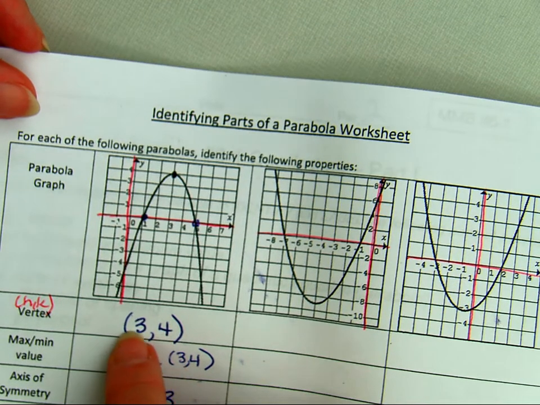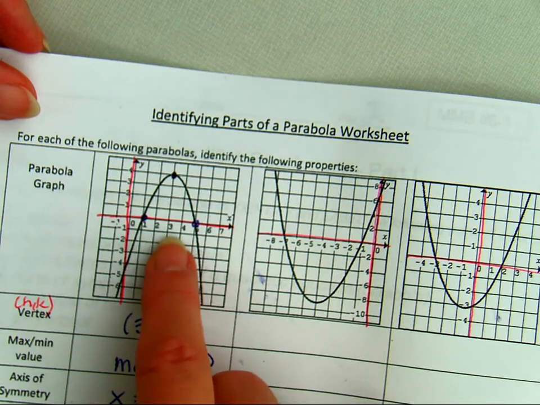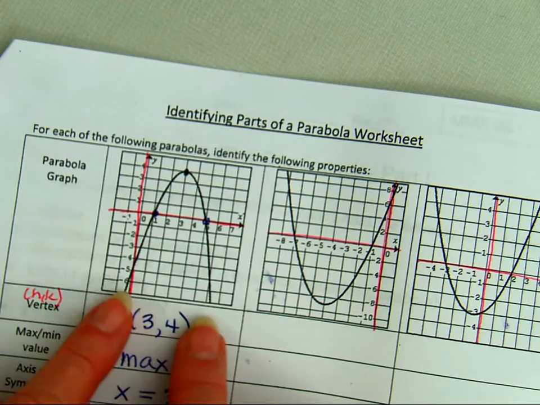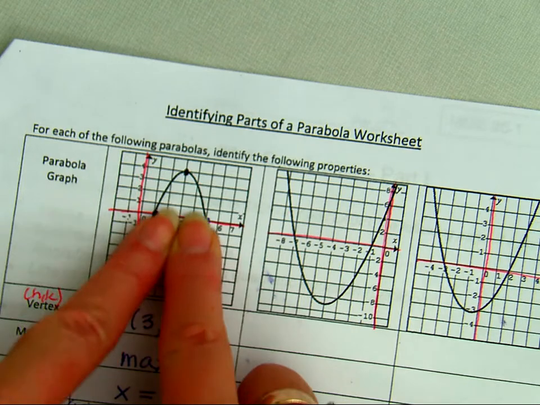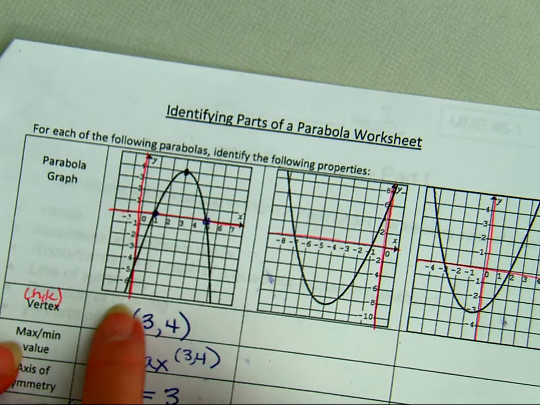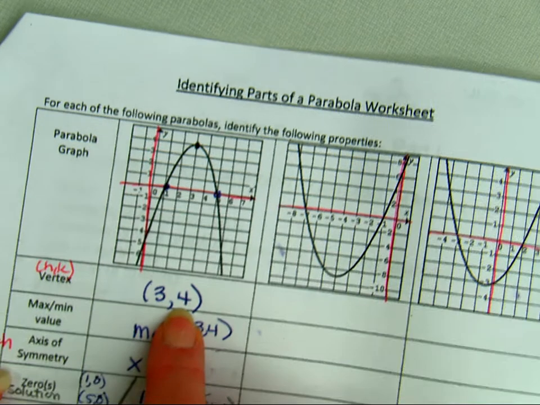Now notice I have parentheses because these two numbers, the 3 and the 4, are talking about one point. So the 3 and the 4 are working together to name that one point as a team. And that's what the parentheses mean. It says, go over this one and up that one, depending on if it's positive or negative.